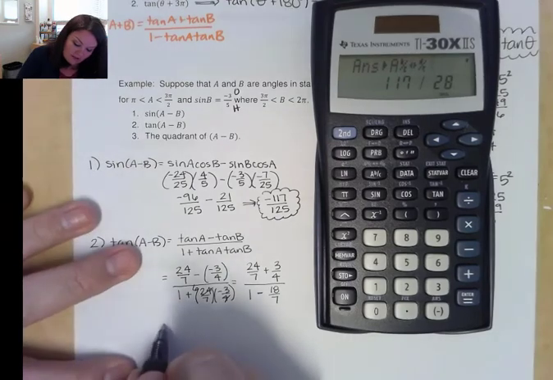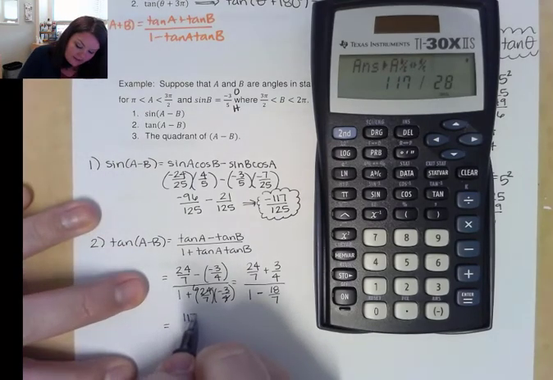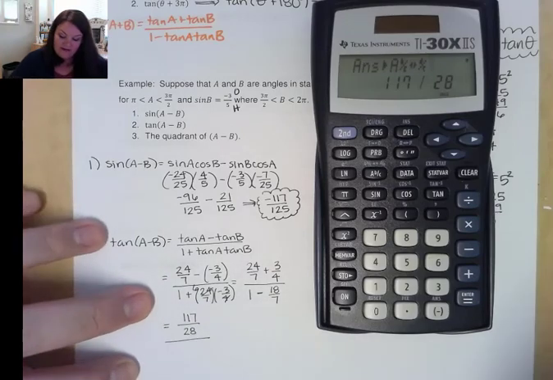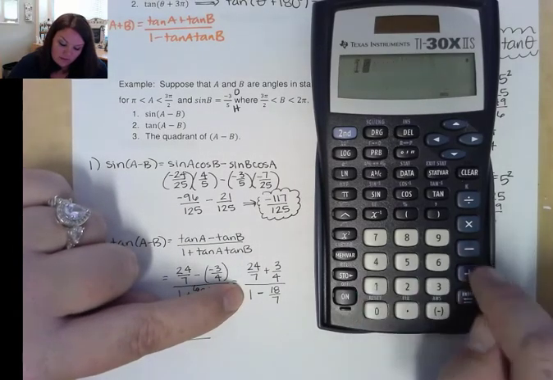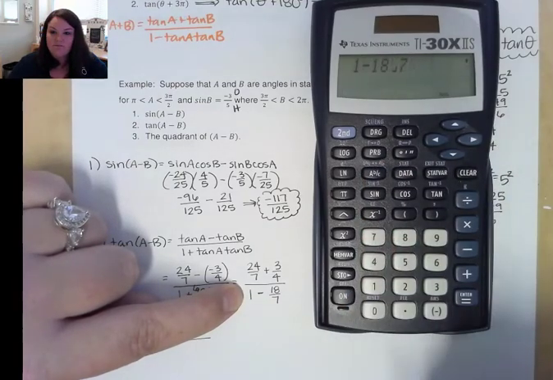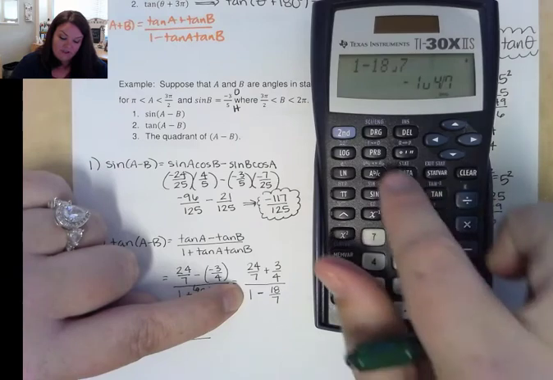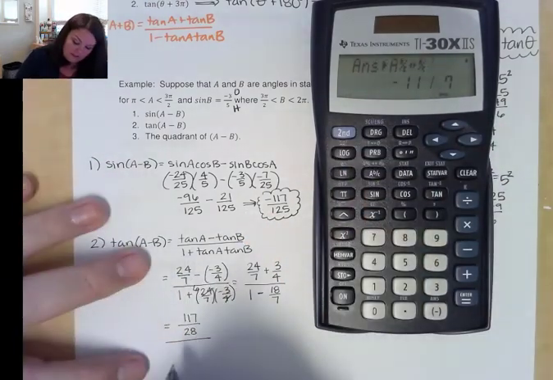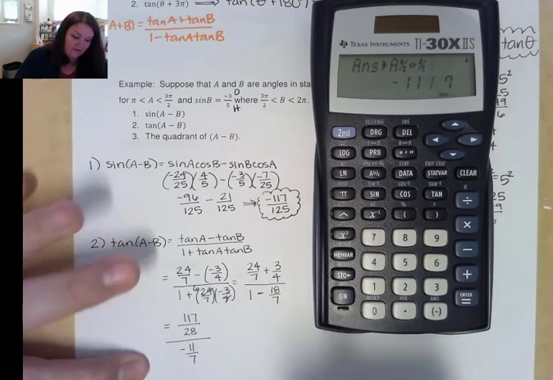Okay, so on top, I end up with 117 over 28 divided by the bottom, which is 1 minus 18 over 7. Again, I'm going to have to change it to an improper, so I use the second function of my fraction key, which is negative 11 sevenths.